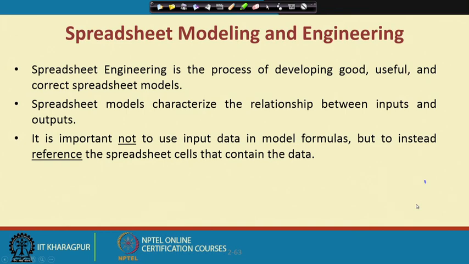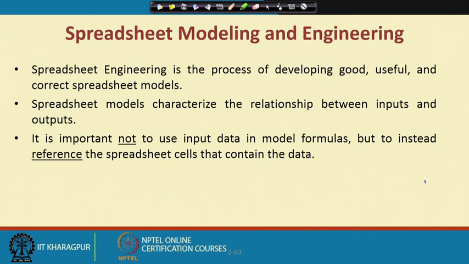So there are many other areas where the Excel spreadsheet can be frequently used. Spreadsheet engineering is the process of developing good, useful, and correct spreadsheet models. Spreadsheet models characterize the relationship between inputs and outputs, and it is very important to use input data in the model formula by referencing the spreadsheet cells that contain the data.